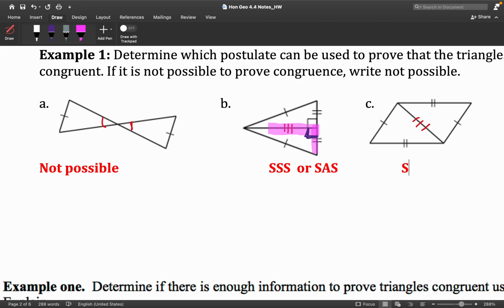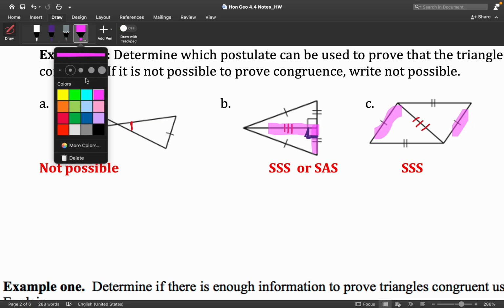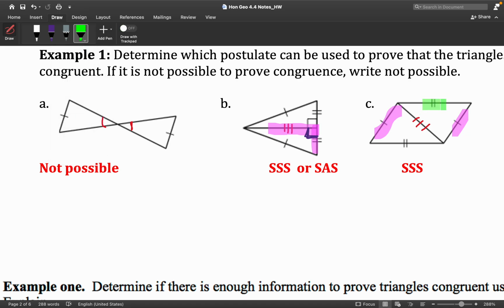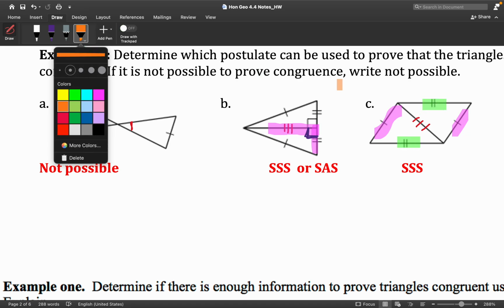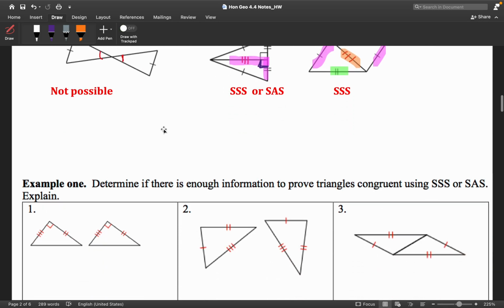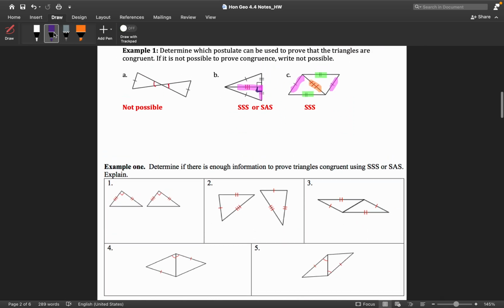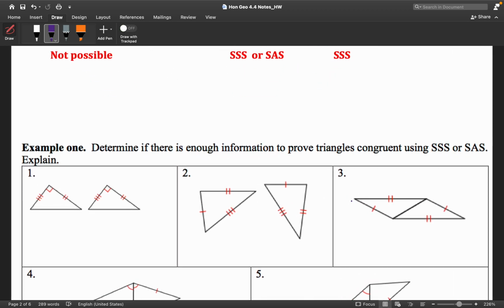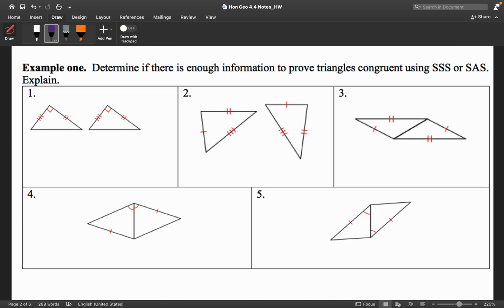And C is just a good example of side, side, side, because I have all three pairs of sides matching, congruent, and because I've got all three pairs of sides marked in, I've got side, side, side congruence. Okay, now, again, we can always mark in shared sides. So if I look at number 3, I can mark in shared sides.